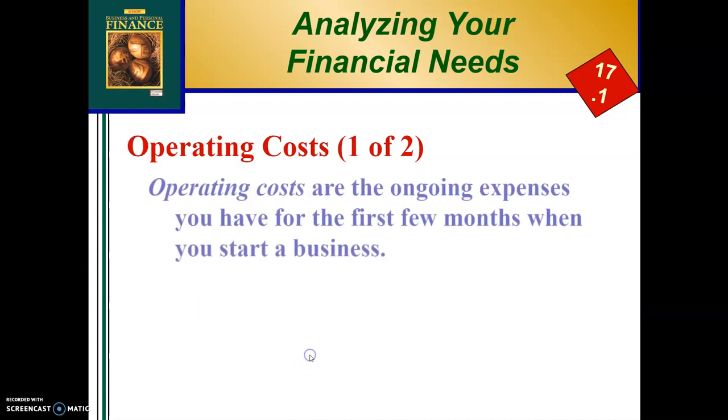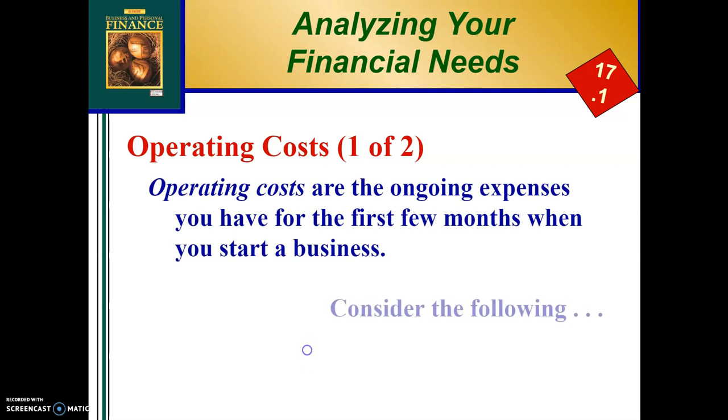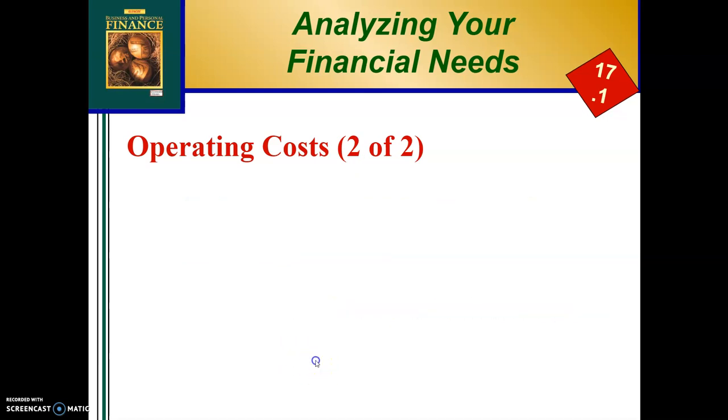Now let's take a look at the operating costs. Operating costs are the ongoing expenses that have to be considered during the operation once the business opens its doors. Let's consider the following when it comes to operating costs. Payroll, this is the payment of our employees who are working for us. Rent or mortgage, if we do have a business that is either rented or purchased, is probably going to be a monthly payment, which is going to consist of our operating costs.